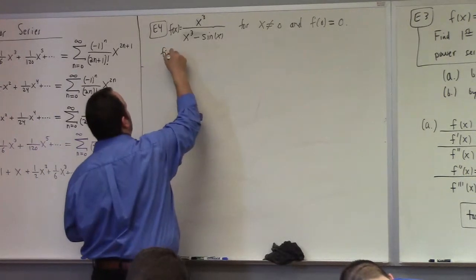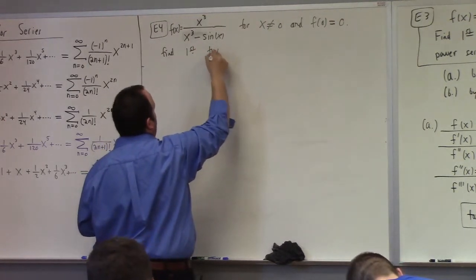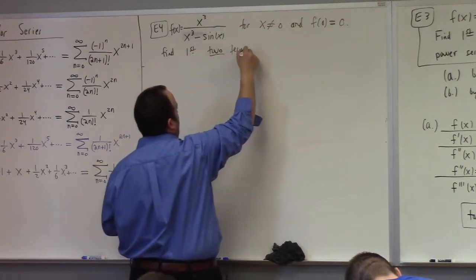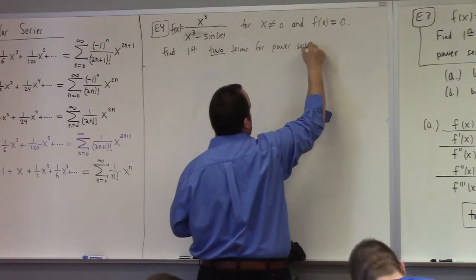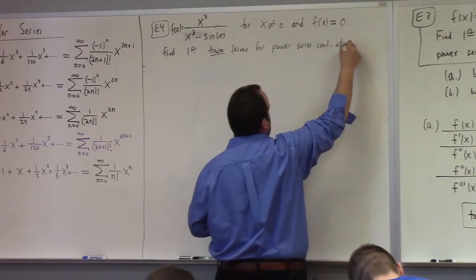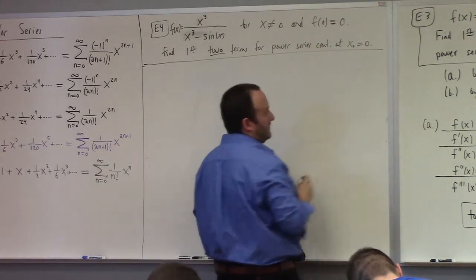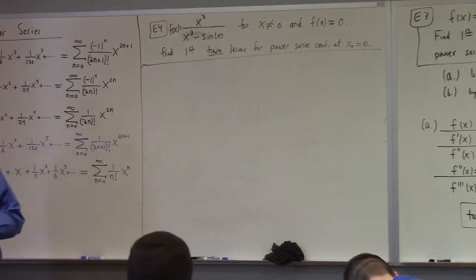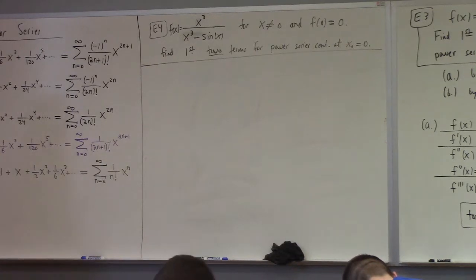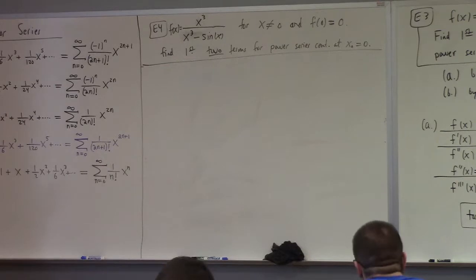Well, find first, I'll say, two terms for the power series centered at x equals 0. In this example, you're going to have a lot of trouble trying to execute part A because the formula doesn't make sense at 0, so you can't really evaluate at 0.